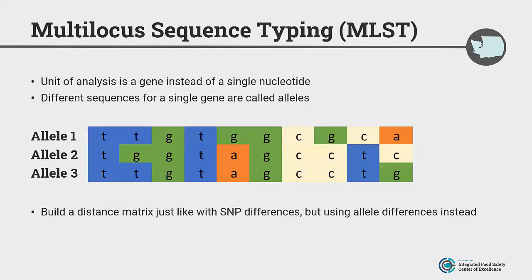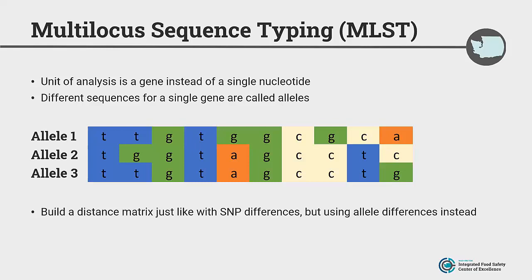If we're looking at MLST, the biggest difference is that your unit of analysis is a gene instead of a single nucleotide. And different sequences for a single gene are called your alleles. So in this instance, we have 3 different alleles at this one gene.